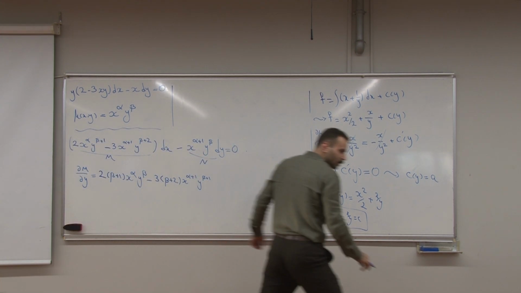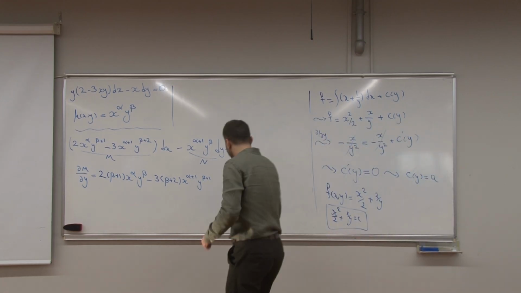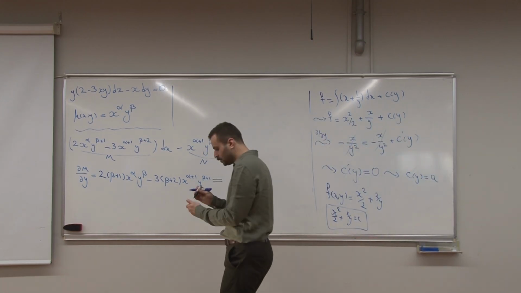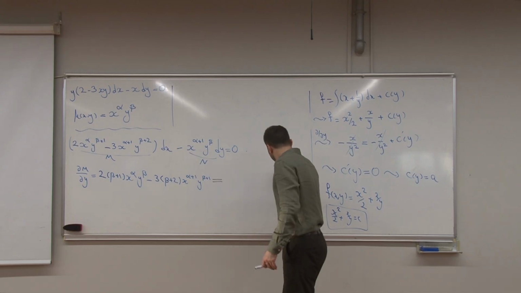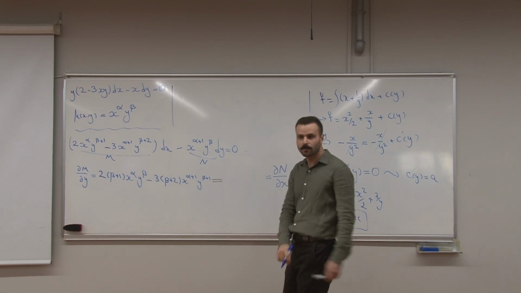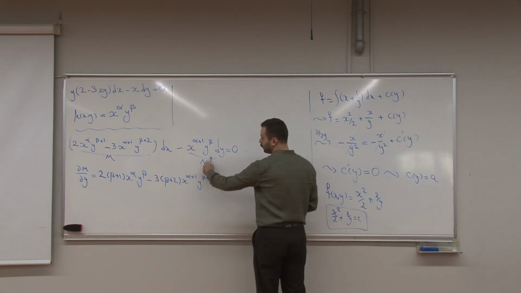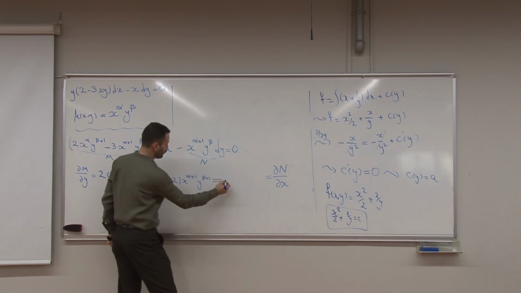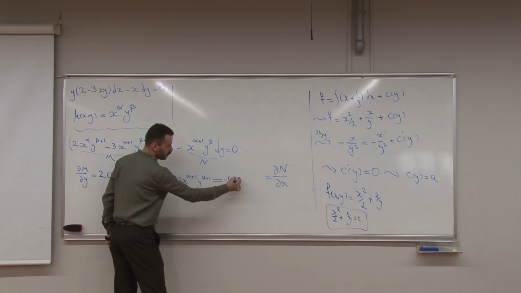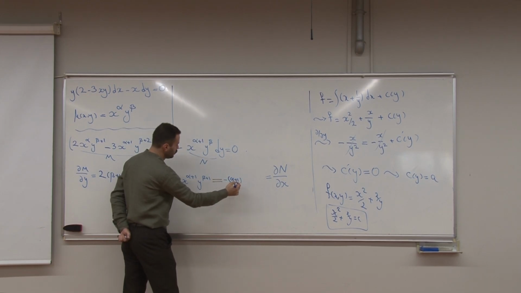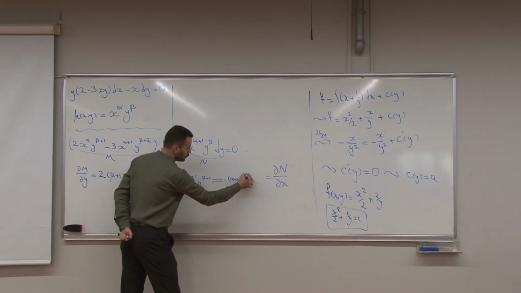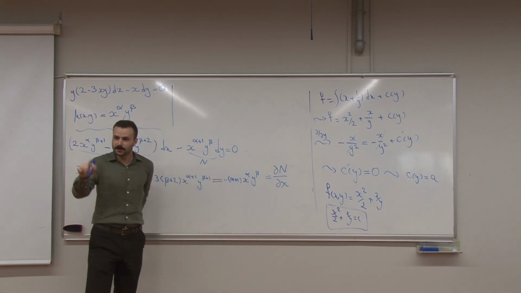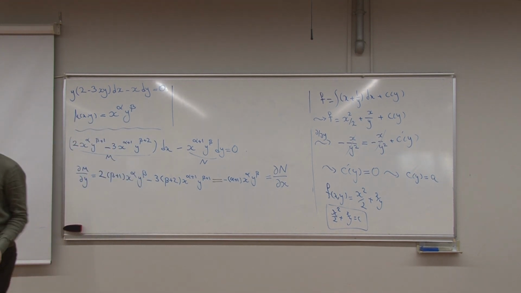This must be equal to, let me write it in another color, what? ∂N/∂x, right? And what is that? If you take the partial derivative of this expression with respect to x, alpha plus 1, x to the power of alpha, y to the power of beta plus 1. If what you were saying is this, you're right. Otherwise, no. Good?